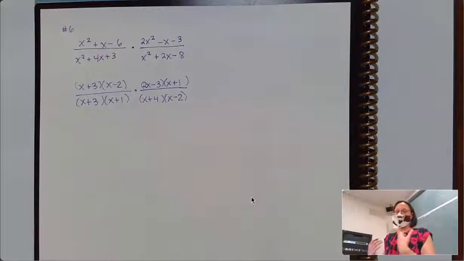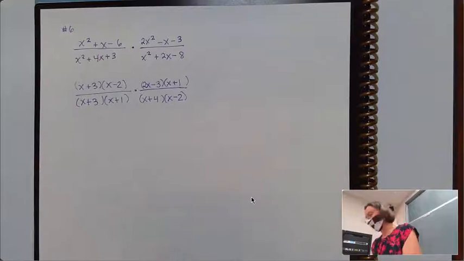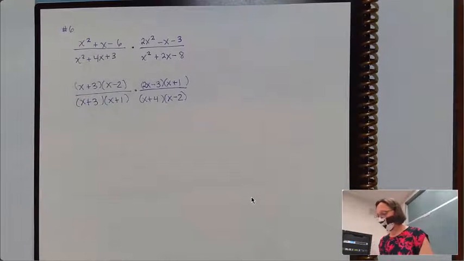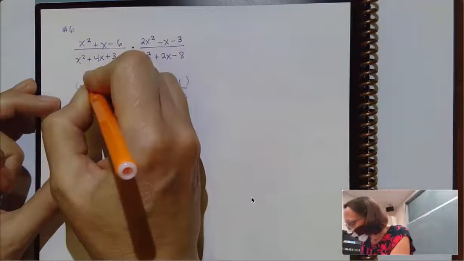Now, I'm going to take a minute to regroup things. Now that everything is multiplication, I'm looking for things that equal 1. X plus 3 over x plus 3, there's a 1.